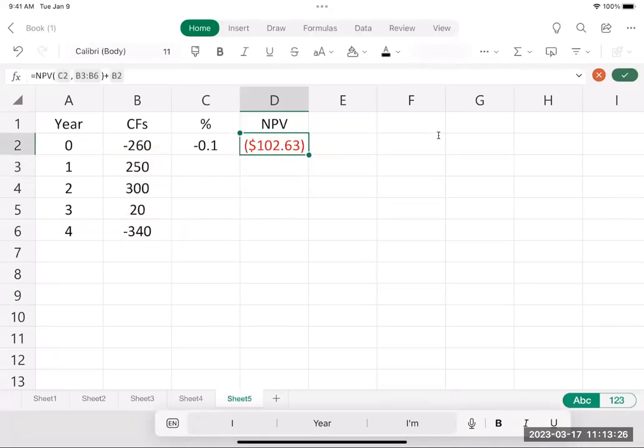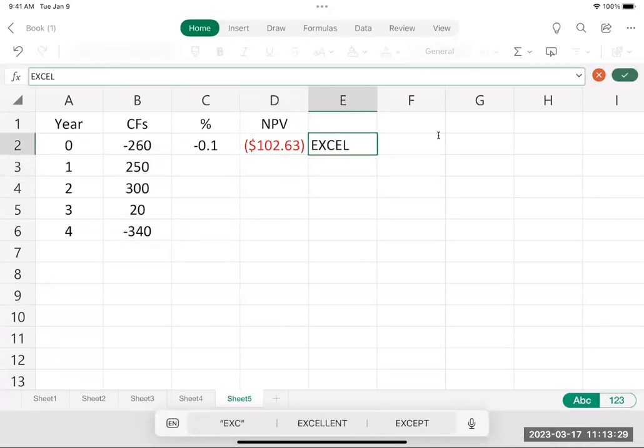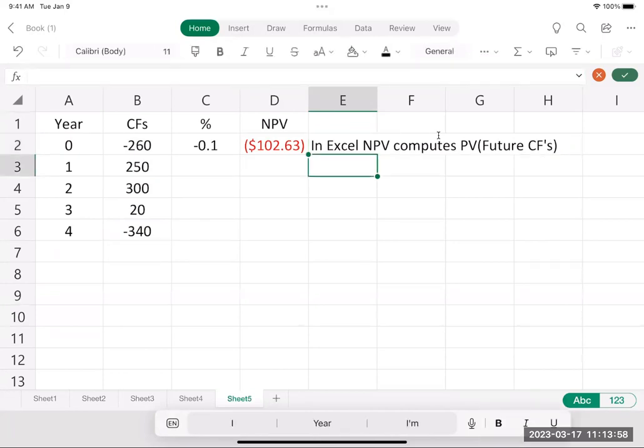Okay, so just make a note that in Excel, NPV computes the present value of future cash flows, and then you have to add the initial cash flow. It's weird because it says NPV, but it doesn't even use the initial cash flow, which is usually the cost or the investment. So whatever, that's Excel. So in Excel, NPV computes only the present value of future cash flows.